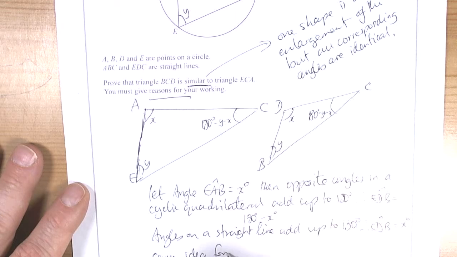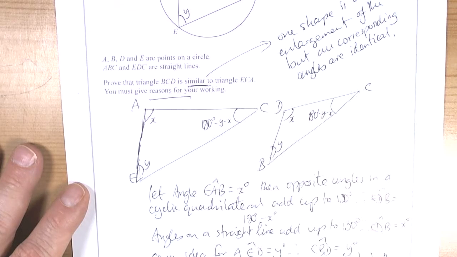Same idea for angle AED equals y degrees, therefore CBD equals y degrees, and angle ACE is common to both triangles ECA and BCD.